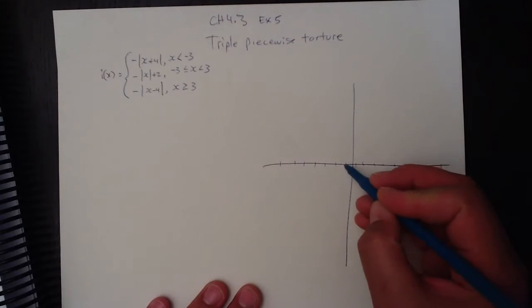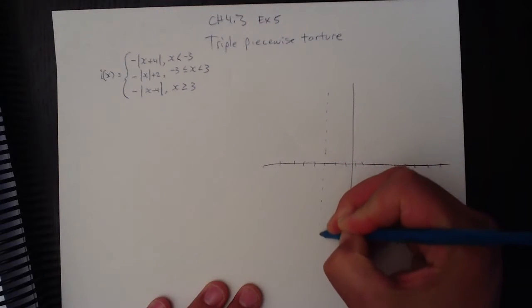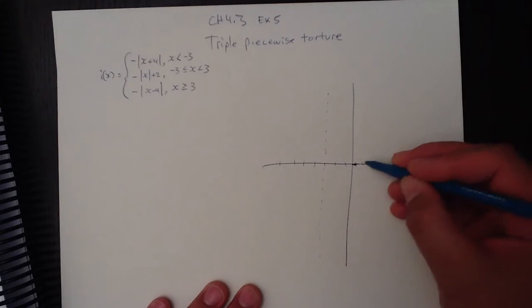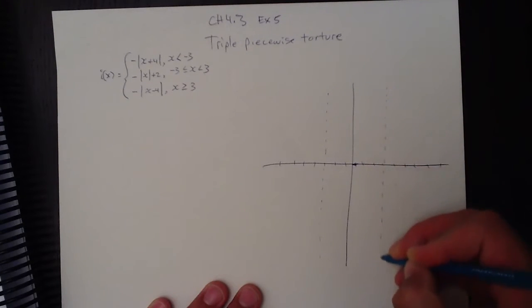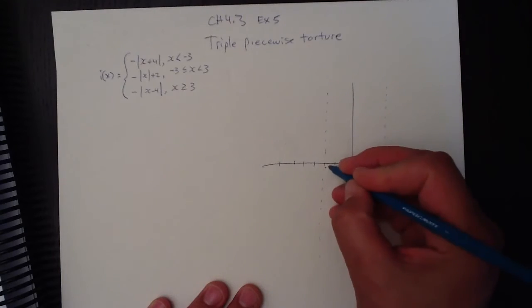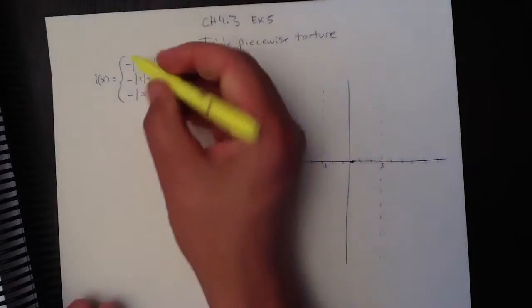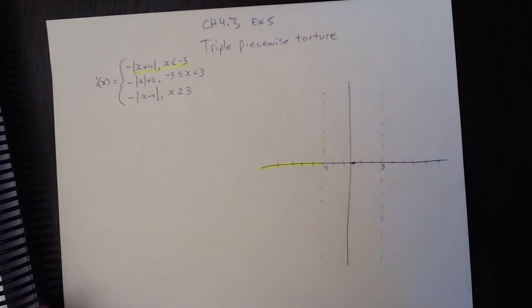first thing we're going to do is go 1, 2, 3, -3. That's -3. I'm just going to put a little dotted line there, and I'm going to ignore that one there. 1, 2, 3, and there's +3. And we're going to divide these regions so that we know that the yellow one applies down here where x is in that area.